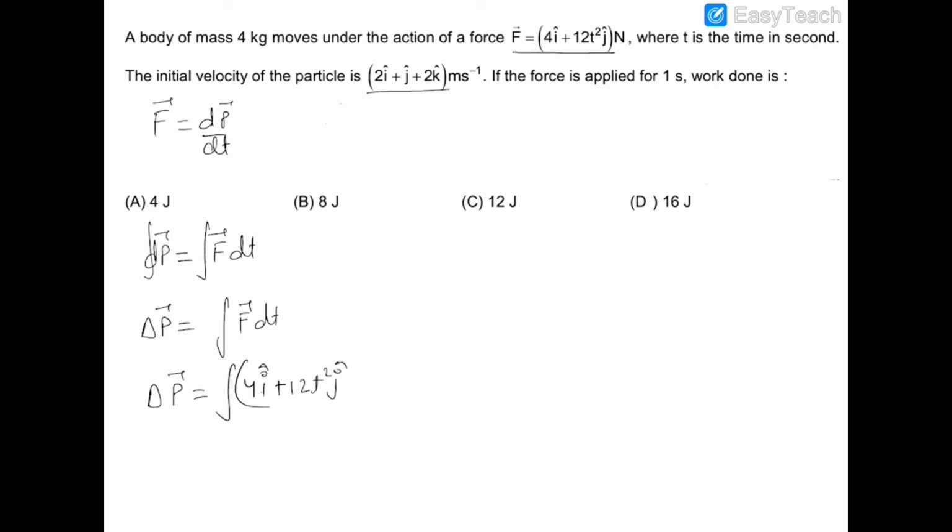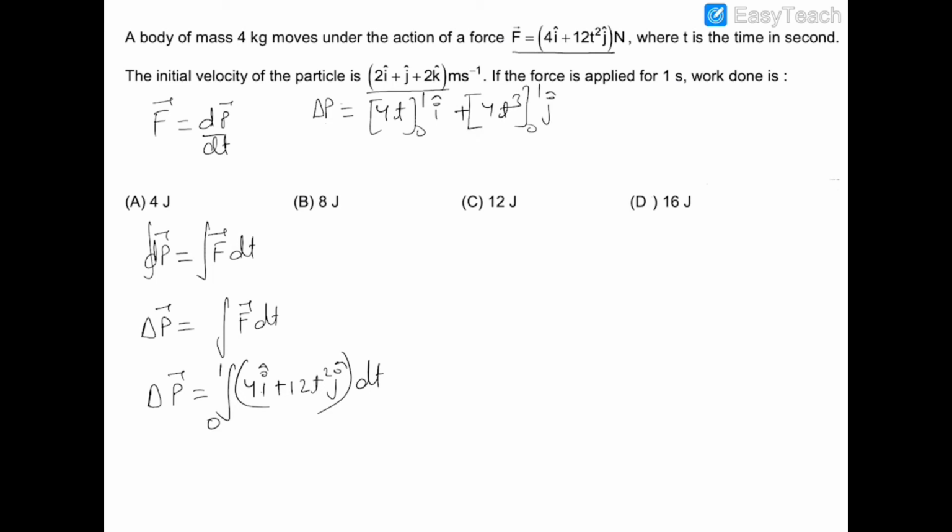This is the force, and if I integrate it with respect to time, the limit would be 0 to 1, because I have to find out the work done in 1 second. So delta P will be equal to 4t, limit 0 to 1, i cap, plus 4t cube, limit 0 to 1, j cap.